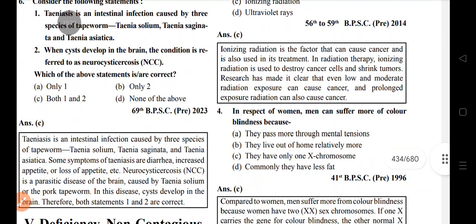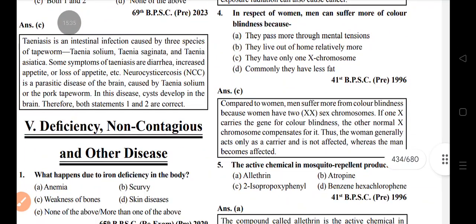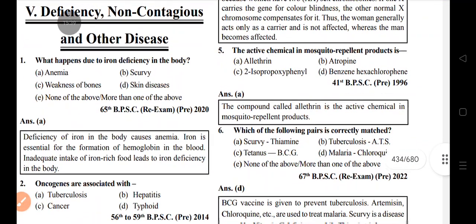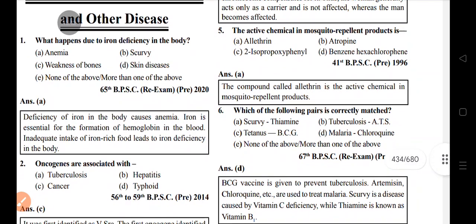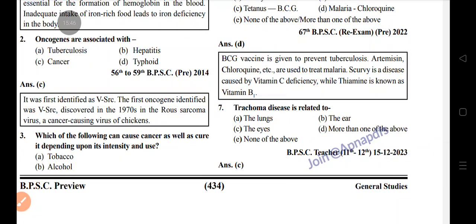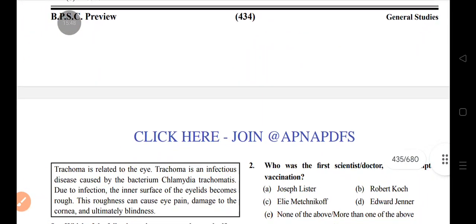Ionizing radiation. Men suffer color blindness more than women because they have only one X chromosome. The active chemical in a mosquito repellent product is allethrin. Correctly matched: malaria, chloroquine. Trachoma disease is related to the eye.